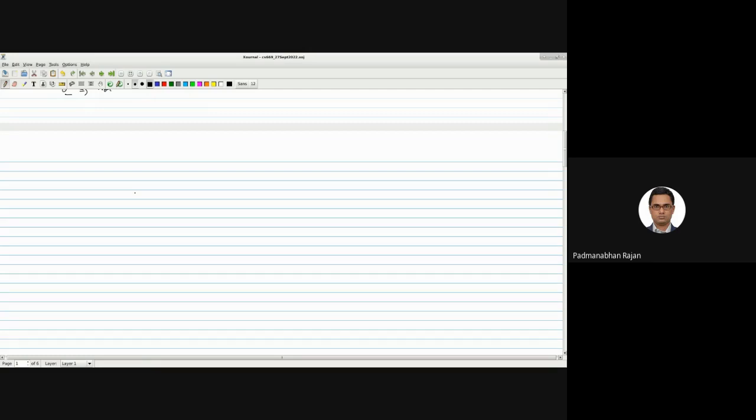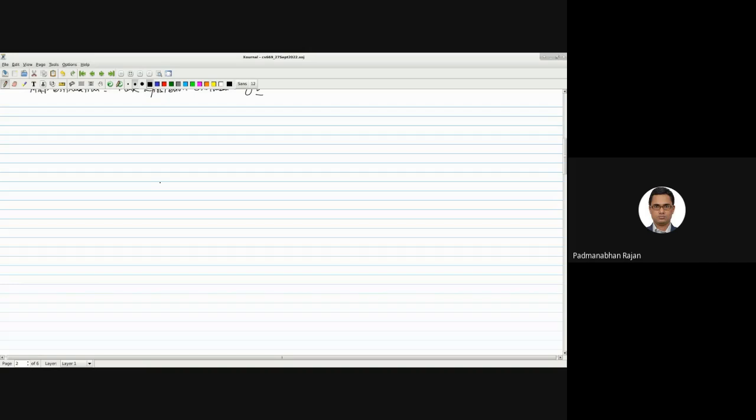Okay, so let me write that down here. This is maximum a posteriori. It is still a point estimate of theta, but it does it in a slightly different way by putting appropriate priors.